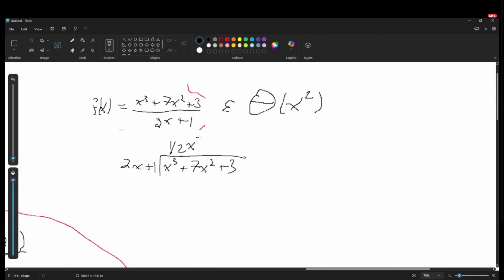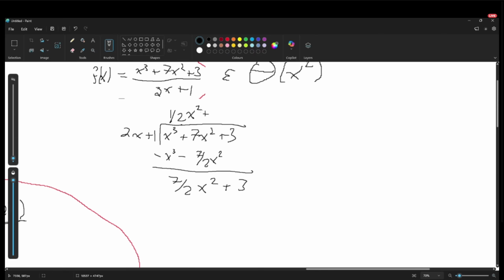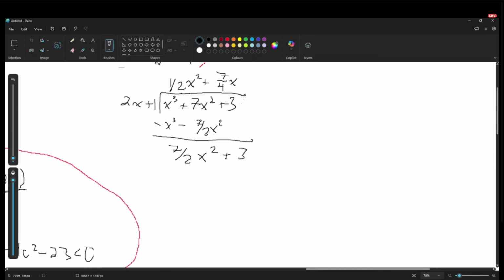So this is 1/2 x squared plus, and then you subtract what this is: minus x cubed minus 7/2 x squared. And the remainder here is 7/2 x squared plus 3. And then this becomes, sorry, completely blanking here, 7/4 x.